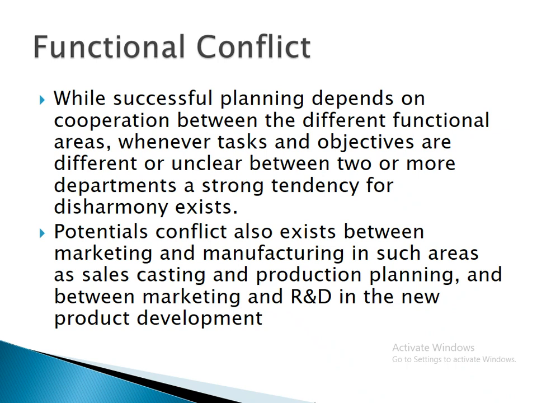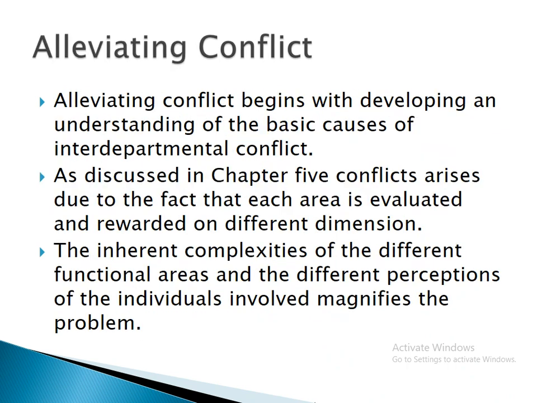Now, how do we make the conflict less severe? So alleviating, that means making the conflict less severe. Alleviating conflict begins with developing an understanding of the basic causes of interdepartmental conflict.